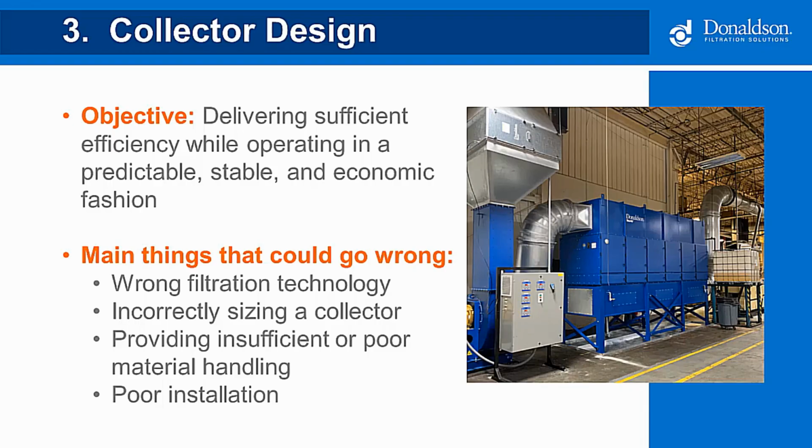Probably the most common mistake I see out there is the wrong filtration technologies being used for the application, or someone sizing the filtration too aggressively, so it's causing shorter filter life. Incorrect airflows are not being used, and we're going to talk a little about airflows in a minute with fans. And then finally, poor installations can sabotage a mist collection system design.